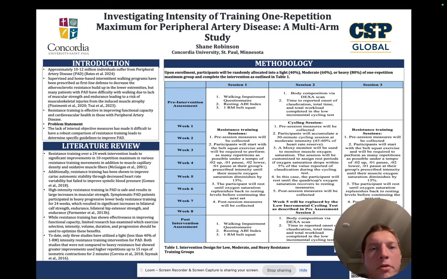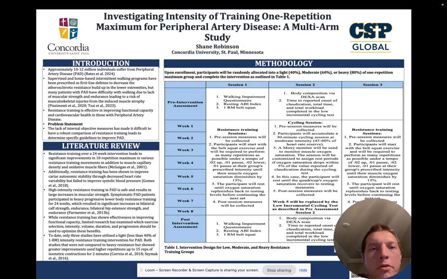We can look at a threshold: once the muscle oxygen saturation of the working muscle decreases to a certain repeatable value based around their threshold of intermittent claudication, we can use that to guide how much volume they're getting at each intensity. That's also exploratory, because there aren't a lot of specific PAD resistance training guidelines. ACSM has it pretty generalized.